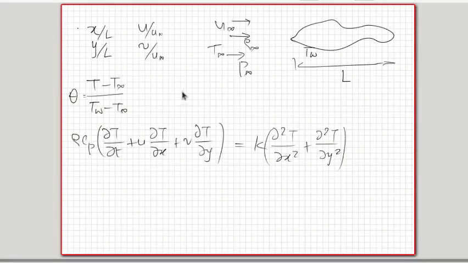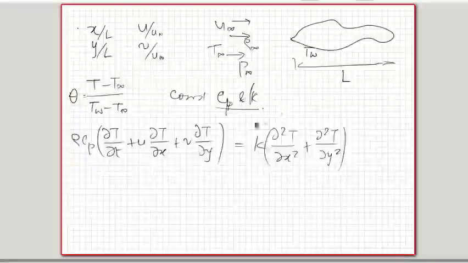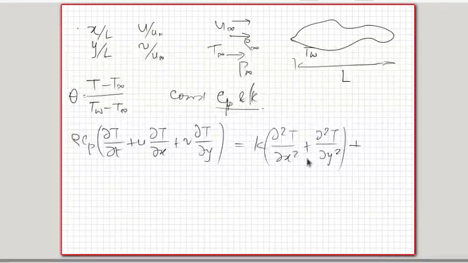So I'm just taking constant Cp and K conductivity.